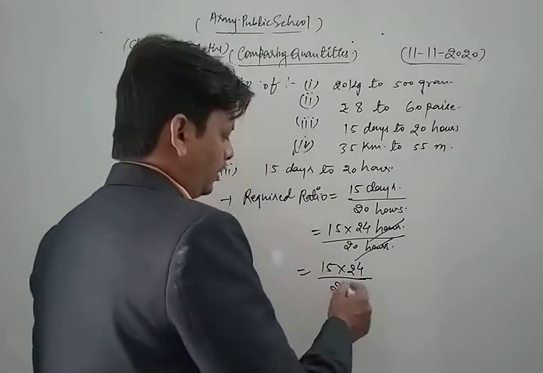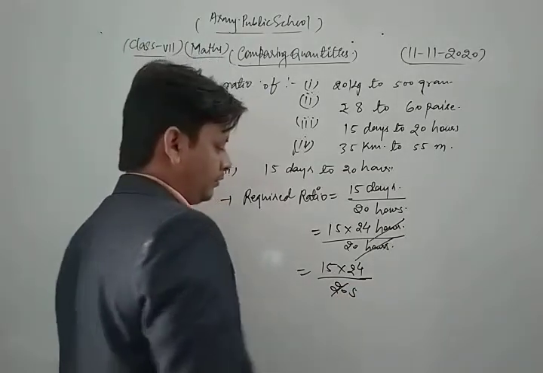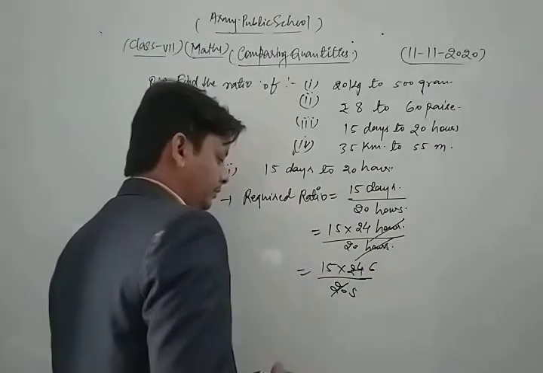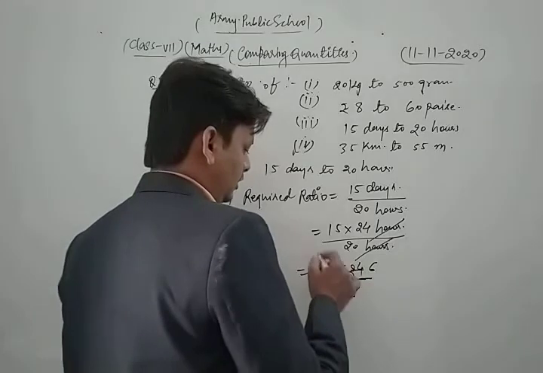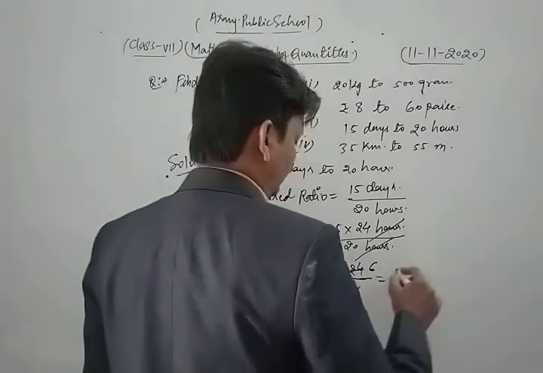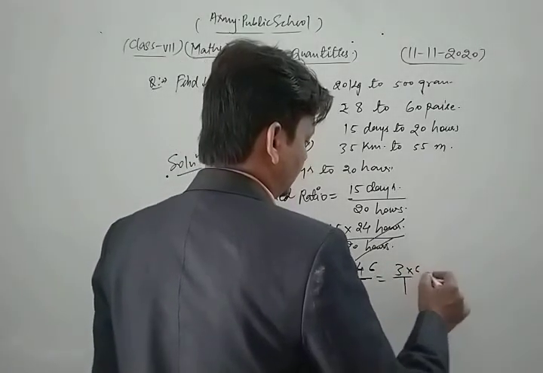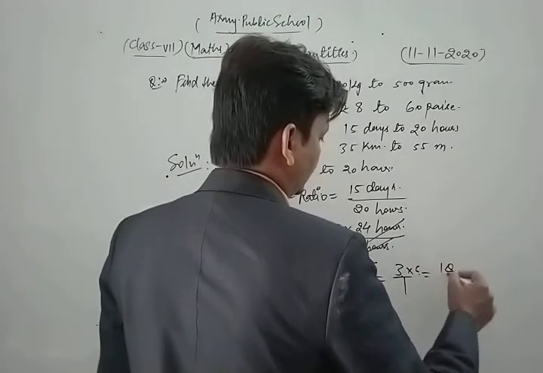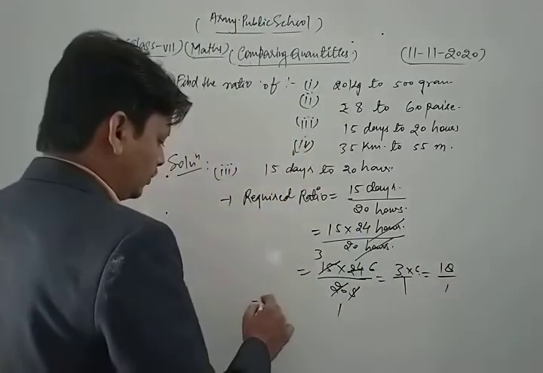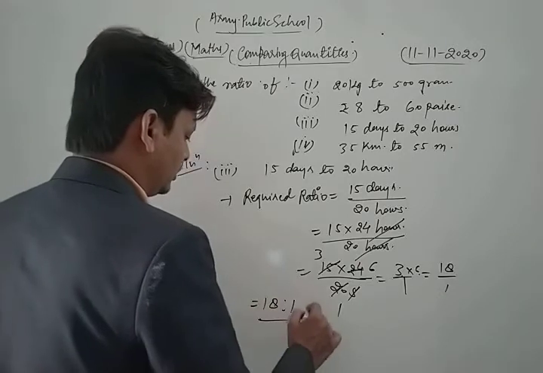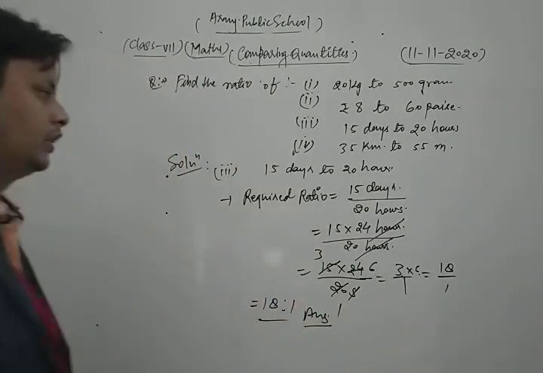Now 4 fives are 20, 4 sixes are 24, and 5 threes are 15. So we get 5 under 5, so 3 into 6 upon 1, that is 6 threes are 18 upon 1. Thus the required ratio will be 18 ratio 1. This is our required solution of the given question.